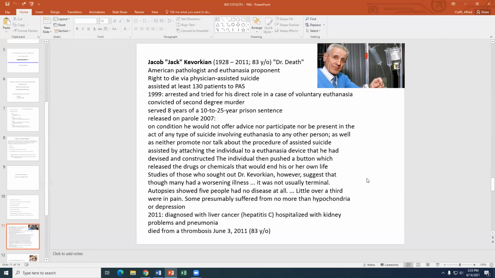Now, his cases were examined, and most of his patients did not have a terminal illness. Some had some chronic illness. Others were hypochondriacs. What does hypochondriac mean?